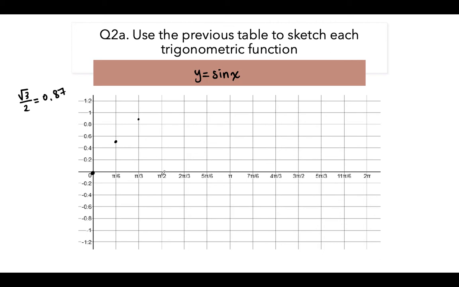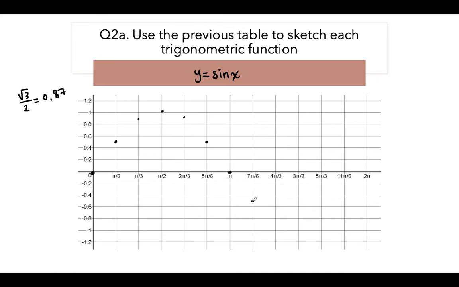And at pi over 2, you get 1. And then at 2 pi over 3, you get 0.87 again. And then 0.5. And at pi, it's going to be 0. Same thing, I'm going to follow exactly what the chart says. At 7 pi over 6, our output was negative 0.5.